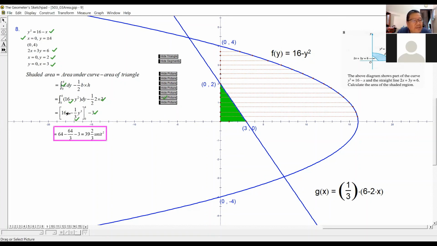Substitute 4 inside. 4 times 16 is 64. Then you substitute 4 inside. 4 to the power of 3 is also 64. So 64 over 3. Then you substitute 0 inside. So everything will become 0. No need to write. Then later on, you minus the 3, which comes from the area of the triangle. Then the rest you can use calculator and calculate.